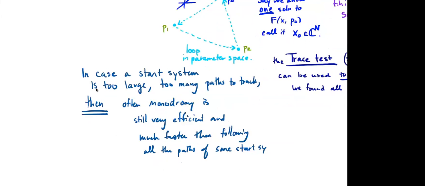And again, with monodromy, I'm not aware of any sort of guarantee, because you're just taking random loops in parameter space. So there's not much that you can say about how often it will succeed. But the fact is that in practice, systems that are really, really big can be solved very quickly if you have one solution and then just use monodromy.